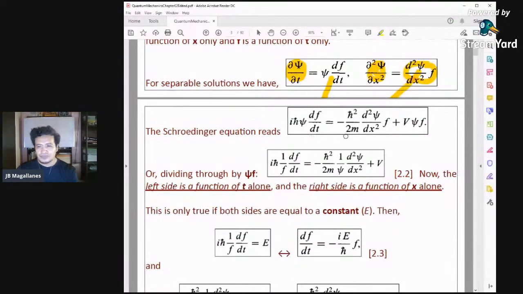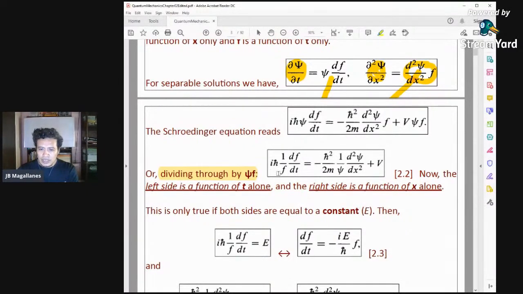In this case, we can transform the Schrodinger equation into this expression by dividing by phi f. We divide phi f on both sides, and each of these terms will be divided by phi f.